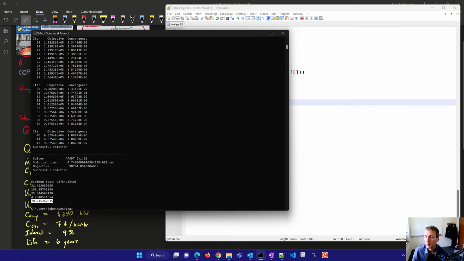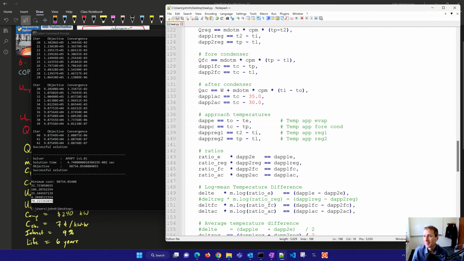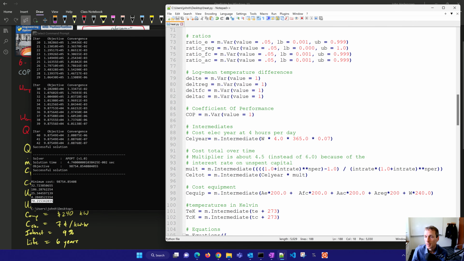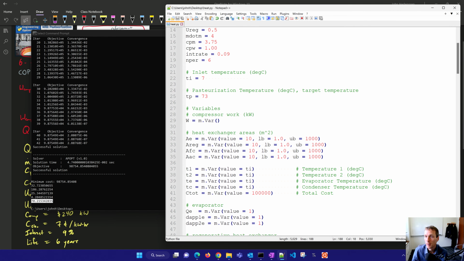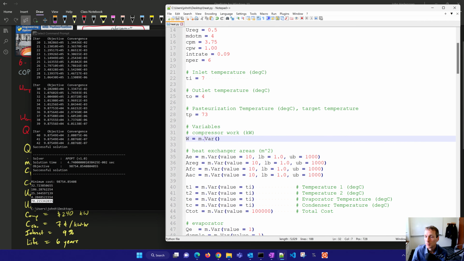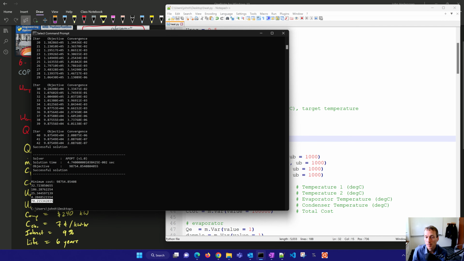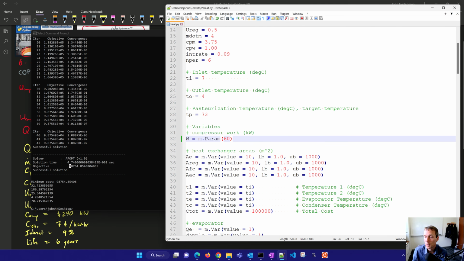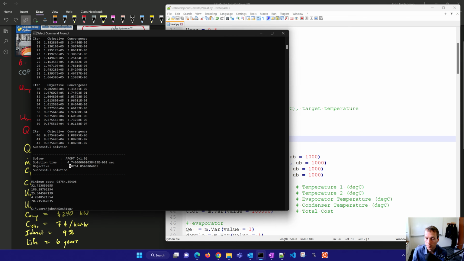optimize all of these. Now let's say I said, well, there really isn't that size of compressor available, what I'm going to do is just put this in as a parameter and say maybe I only have a 60 kilowatt compressor available. So this is going to make the heat exchangers larger. And let's just see, from $98,000, let's see how much more the system is going to cost us if we do not have that as a variable.